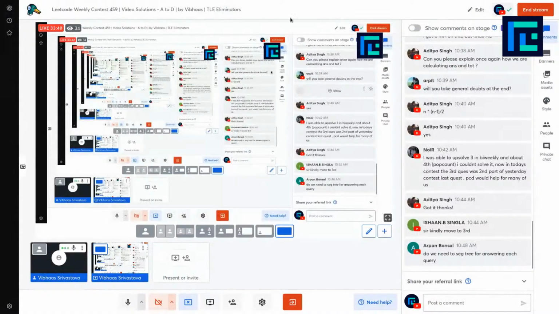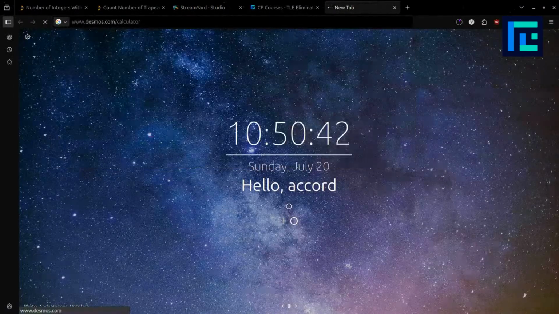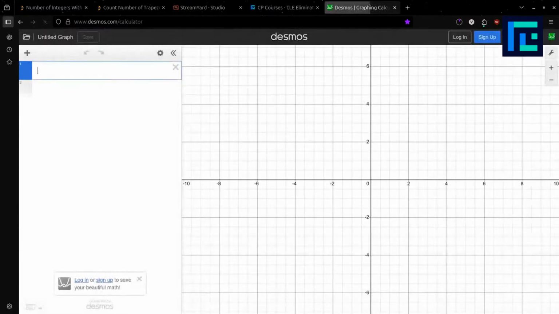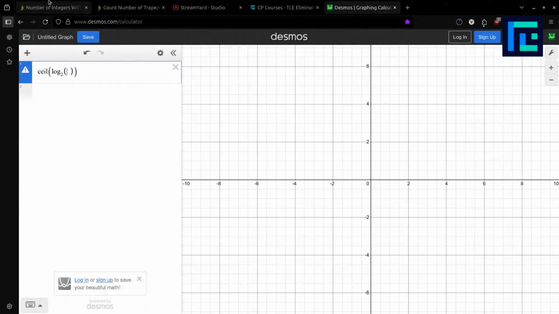So let us try and see on Desmos what happens to this. Desmos or any calculator you want. I'm going to use Desmos because it's simple. Let me just write. And what is the maximum value we can have?